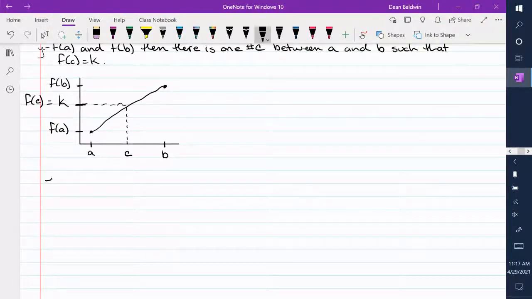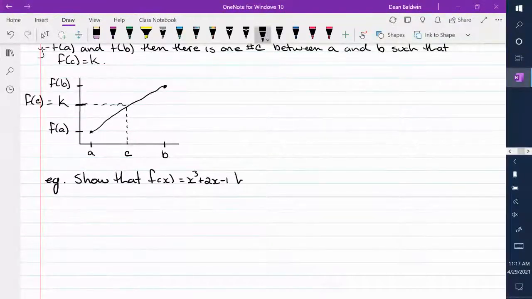I would ask you a question like this. So show that f of x, which is x cubed plus 2x minus 1, has a 0. Remember, a 0 is an x-intercept.